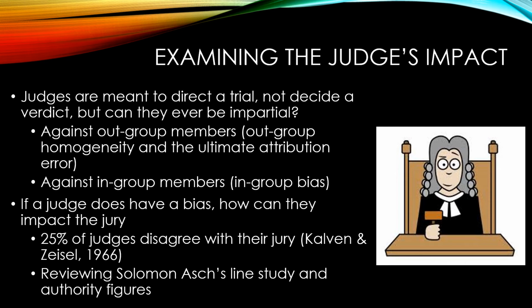Only about 25% of judges reported disagreeing with their jury in most criminal and civil cases where judges and juries were involved. And this is a number that many people believe has actually gotten even more extreme.